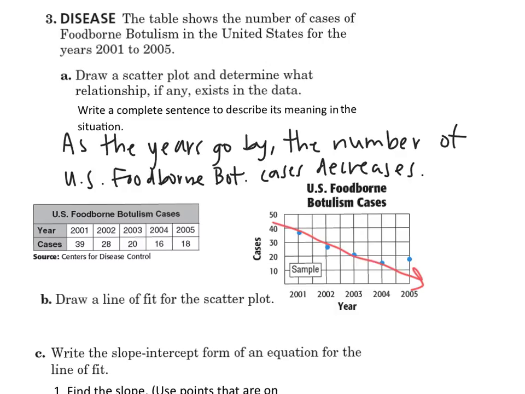So this would obviously be a negative correlation. That would be the relationship. We also figured out part B, draw a line of best fit for the scatter plot.